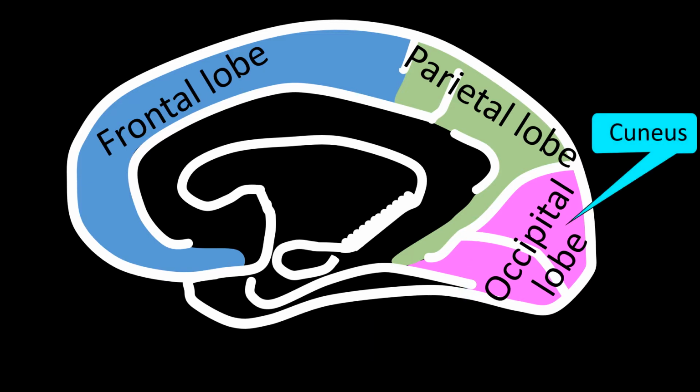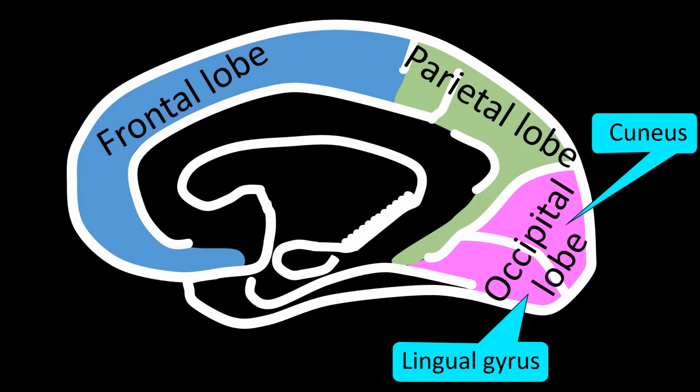Above the calcarine sulcus is the cuneus. Cuneus means wedge. And below, the lingual gyrus. Some thought this area looked like a tongue, and that's why they call it so.